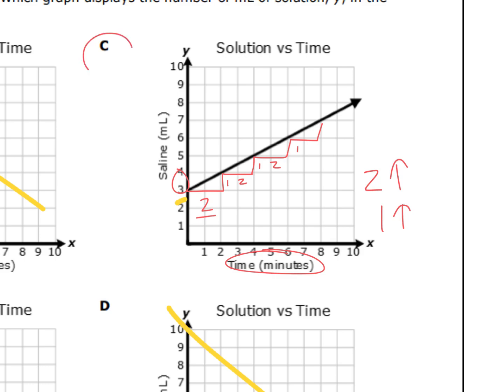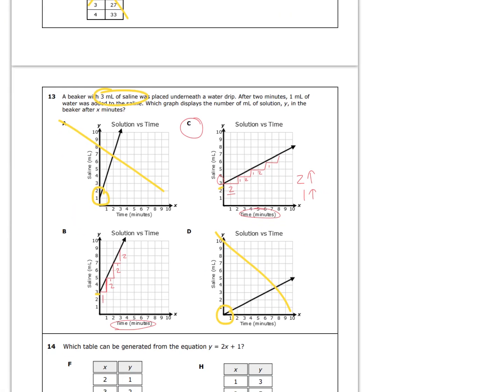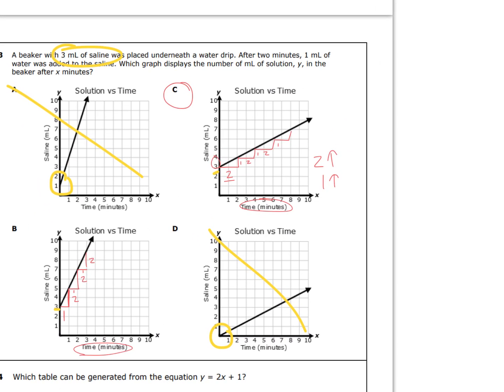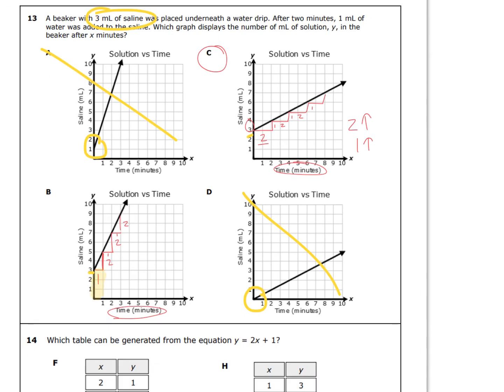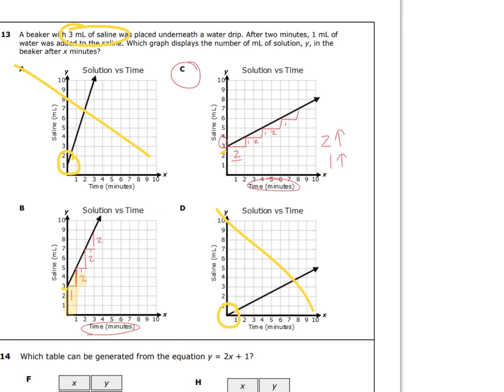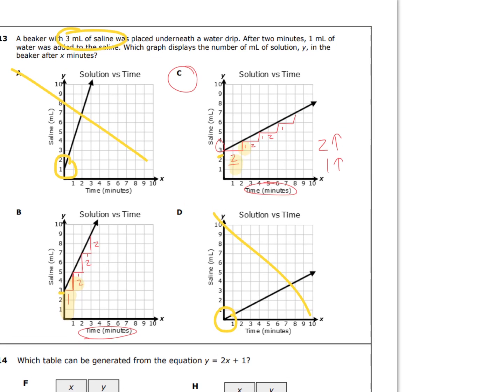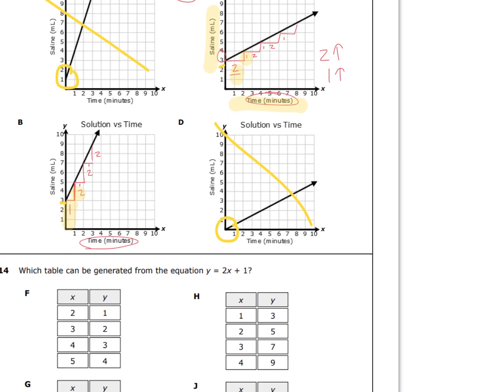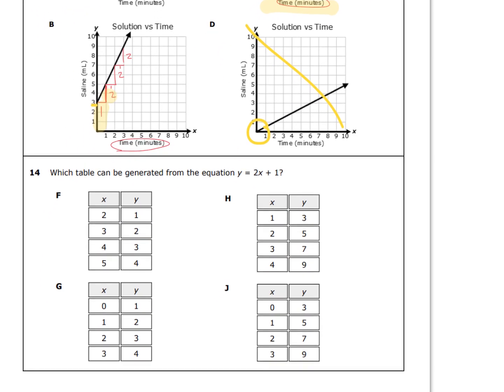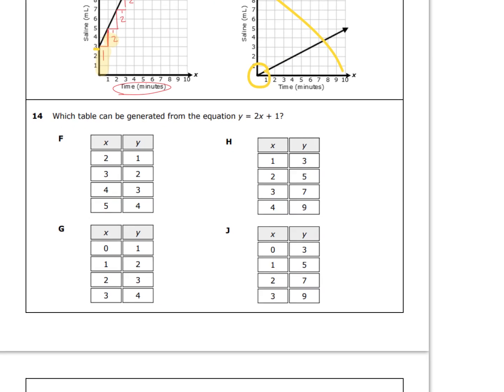So it must be C. So you can see the difference in these two. This one is 1 by 2. This one is 2 and 1. So be careful. Make sure you read the things carefully. 2 minutes, 1 milliliter. Minutes is on bottom, milliliters is on the side.